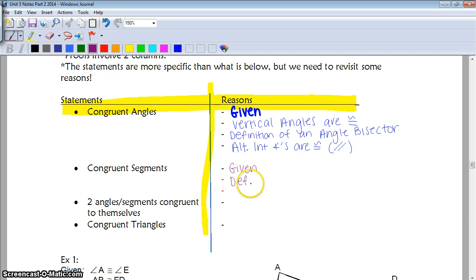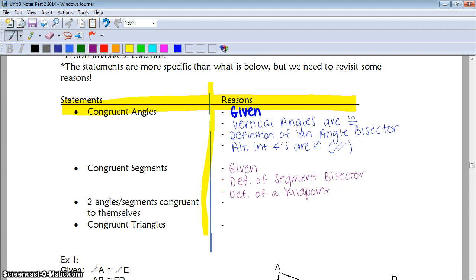If that's the case, you'll write in the reason spot definition of a segment bisector. You could also have the definition of a midpoint. We know that if it's a midpoint, it means it's cutting the segment into two equal halves.